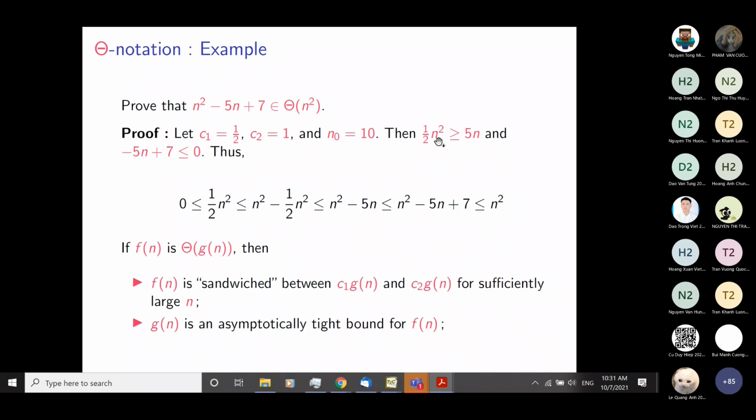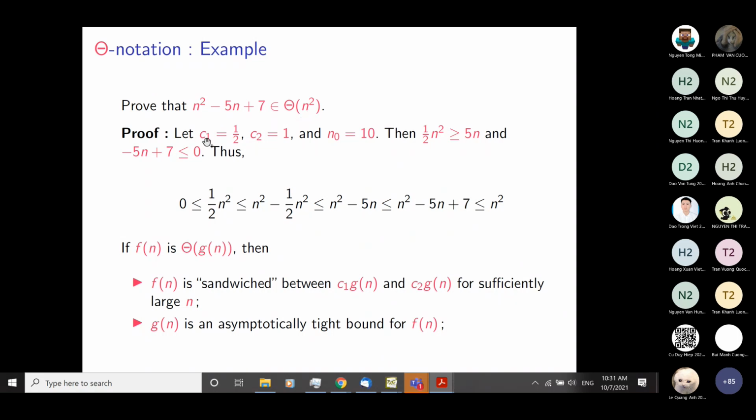And if I increase n to 11, this is going to be 122 divided by 2, so this is 61, and this is greater than 60. So as n increases, this term is getting larger and larger than this one, which means this expression is always going to be larger than this one.